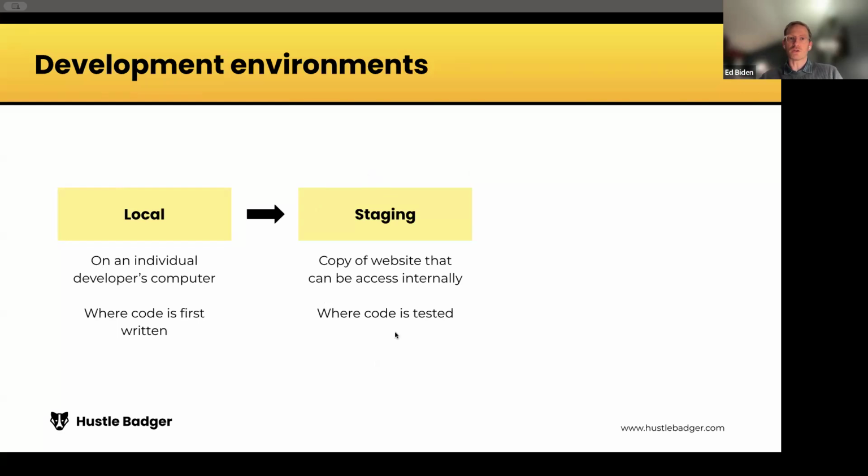So this is usually where you're doing a lot more testing, just checking that everything works as expected before you put it live. And then production, this is the website which users can interact with, has all the live data, and yeah, what people see.